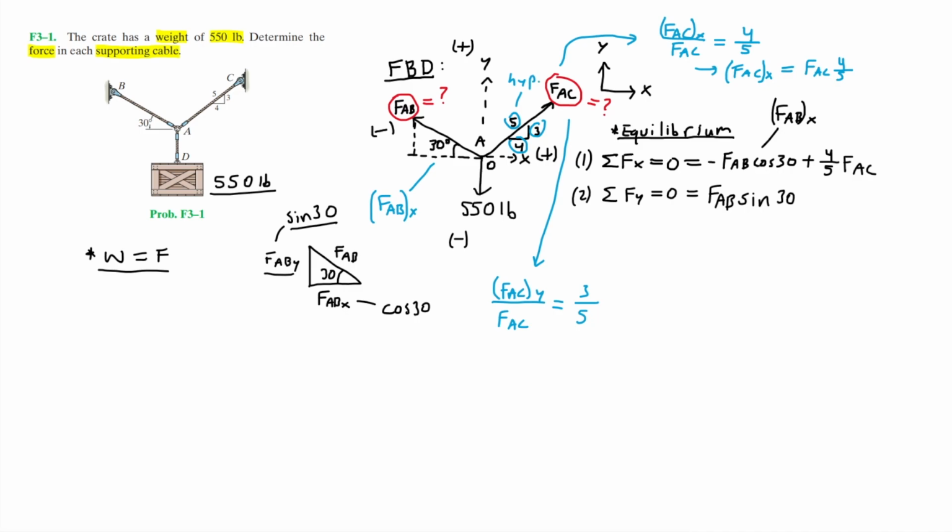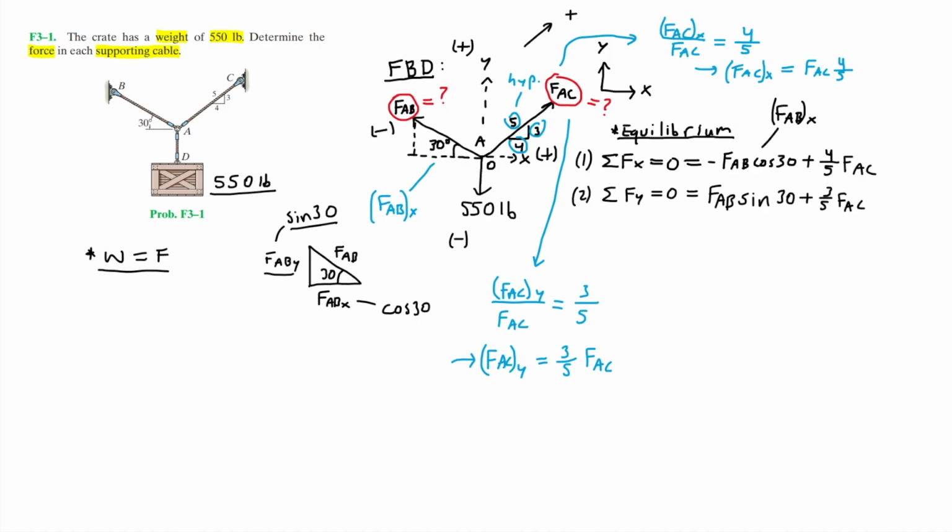The hypotenuse is still the 5. Solving for FACY, we have FACY equals 3/5 FAC. That is simply the y component of FAC. This force is also in the positive y direction, so here it's plus 3/5 FAC.